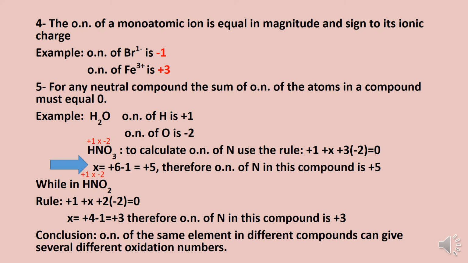So we get +1 for hydrogen, +X for nitrogen, plus 2 because we have 2 oxygen atoms. The oxidation number of each one is -2, so you multiply 2 times -2, equal to 0. And you solve for X, you will get +3. Therefore, the oxidation number of nitrogen in this compound is +3.